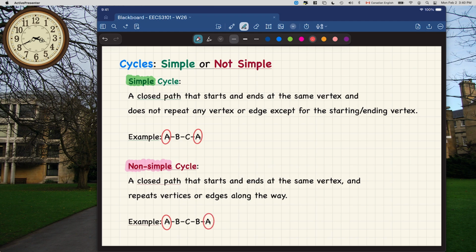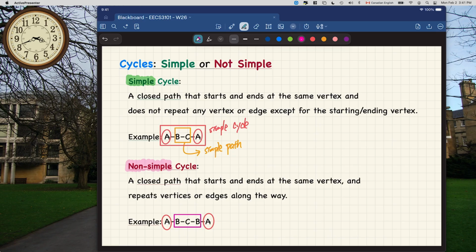I think this one's good enough. You can see just the middle part over here. This part is a simple path, so that means this entire cycle is a simple cycle. On the other hand, if you look at the middle part over here, is this a simple path?